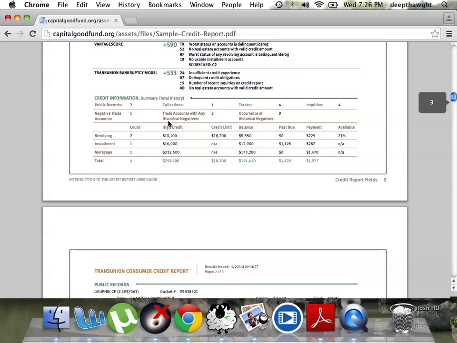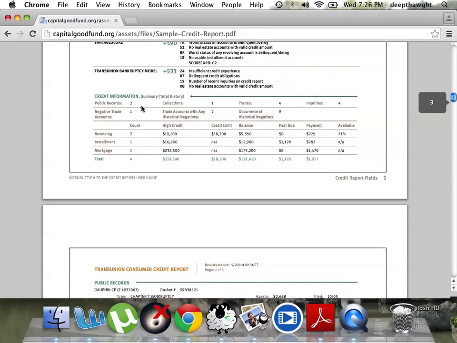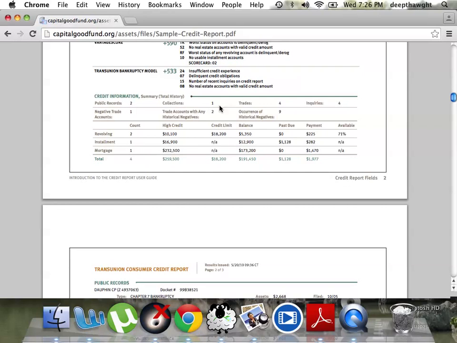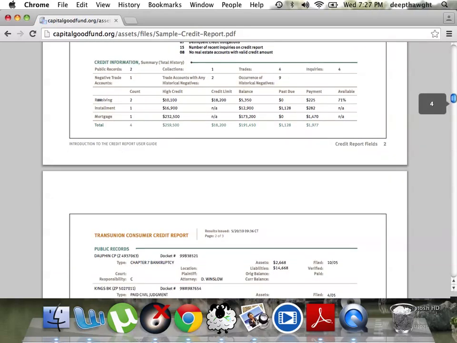But at the end of the day, you need to understand how to read public records, trade lines, things that we went over, inquiries, and the types of installment and the types of credit card debt, whether it's revolving, installment, mortgage, auto leases.